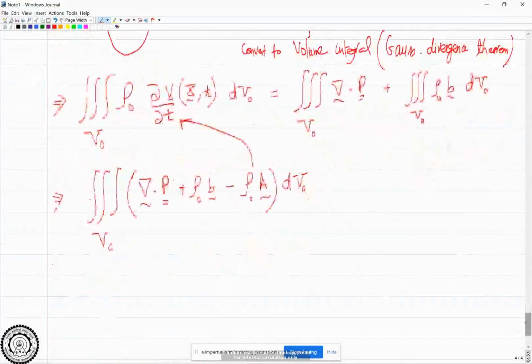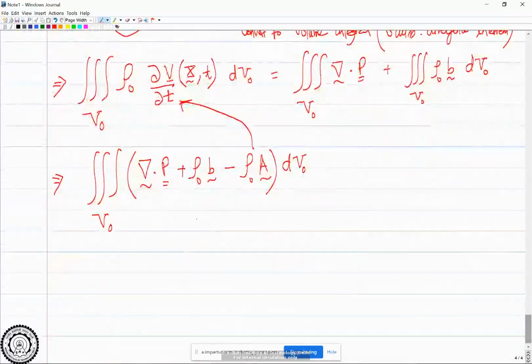Okay, so now use a very simple localization argument because this holds for any volume.